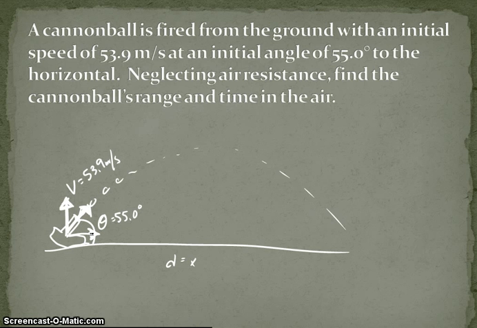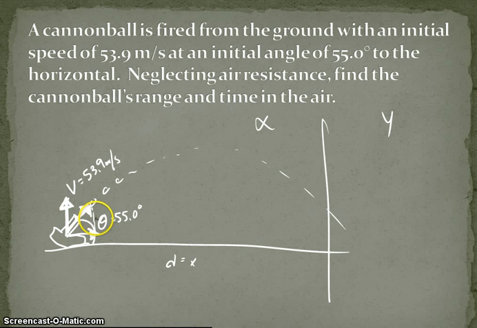velocity vector. So that's going to be my first task, because again, I want to keep everything in the x and everything in the y separate. So I want to find my velocity in the y, I want to find my velocity in the x. So I need to set up my triangle. Okay, 55 is there.